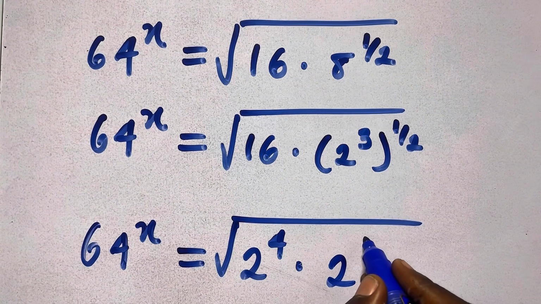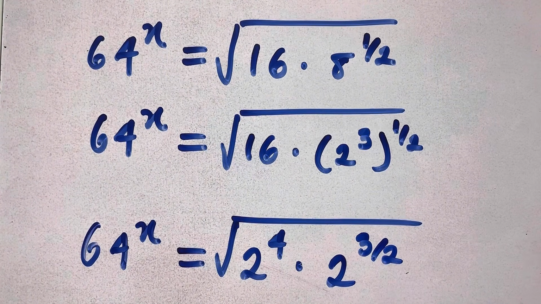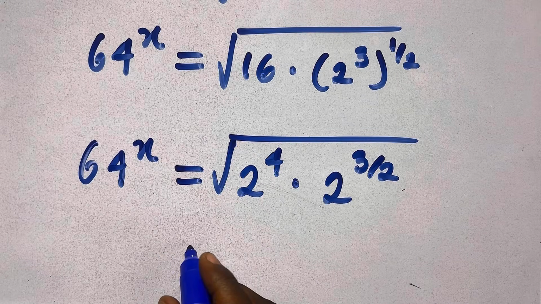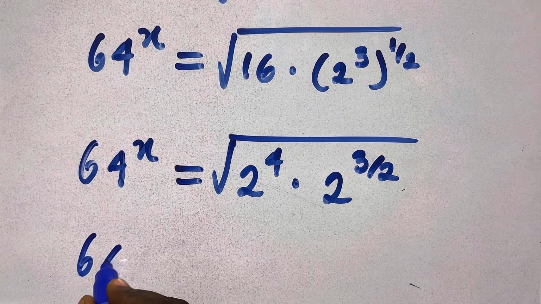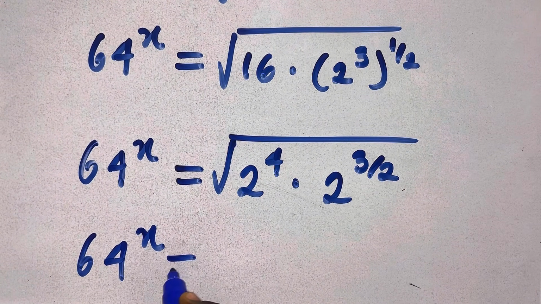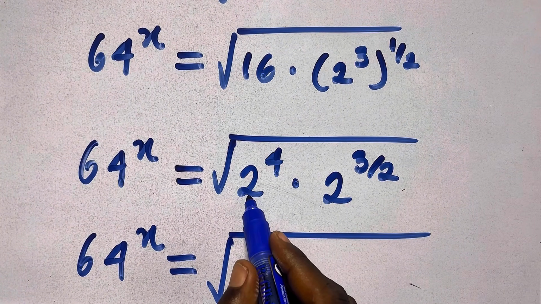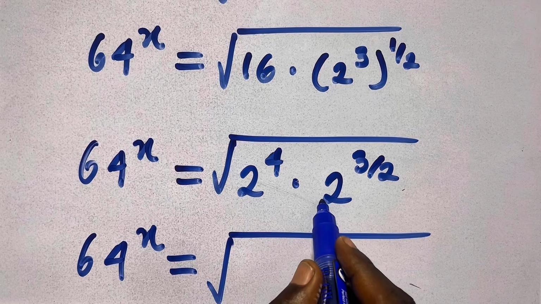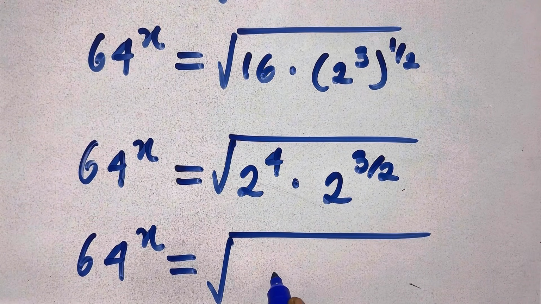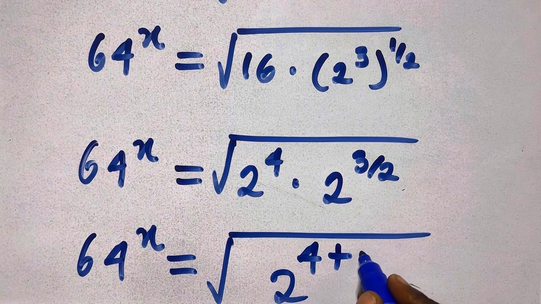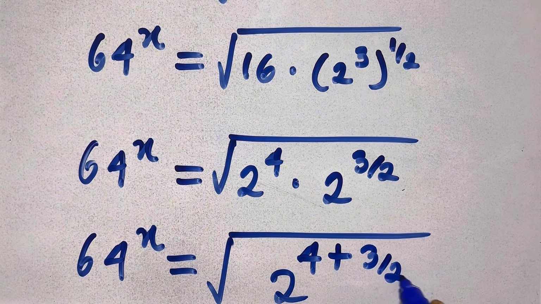So we have 2 raised to power 3 divided by 2. I hope you agree with me. Therefore, 64 raised to power x equals square root of, from the law of indices, when numbers with the same base are multiplied, their powers are added. So we have 2 raised to 4 plus 3 divided by 2.